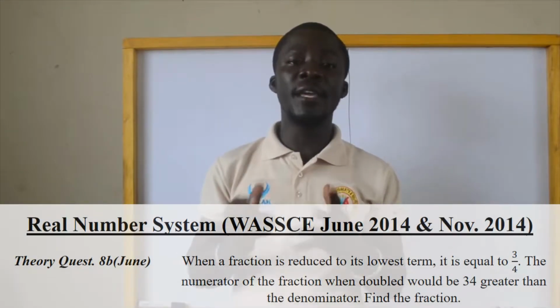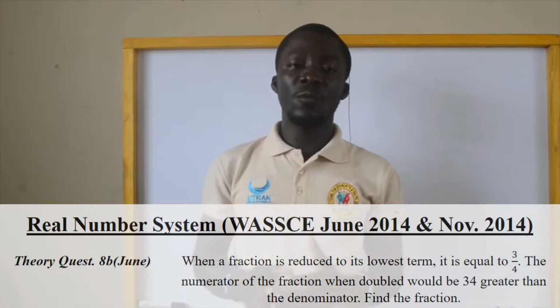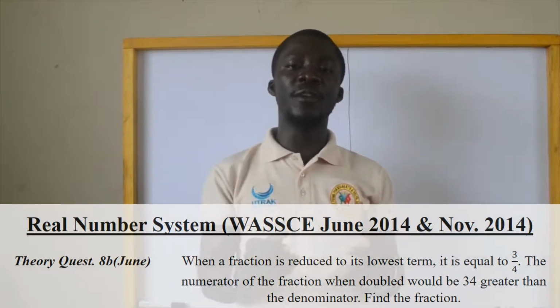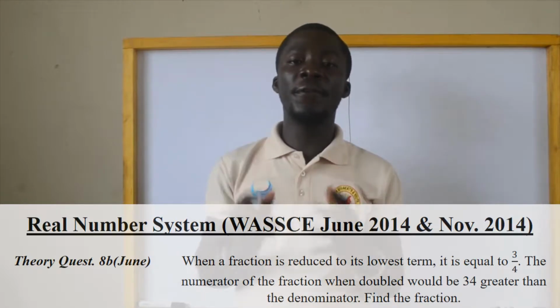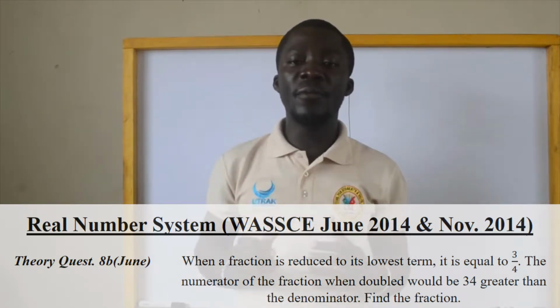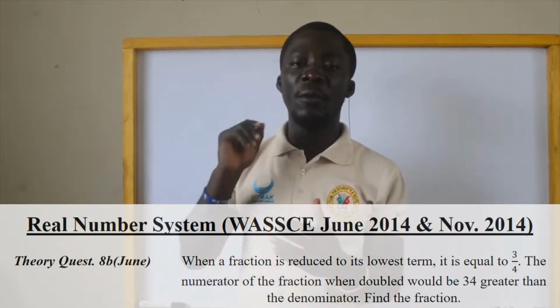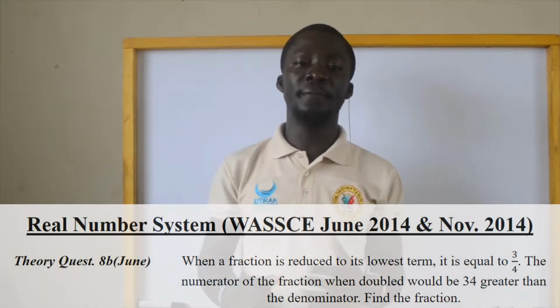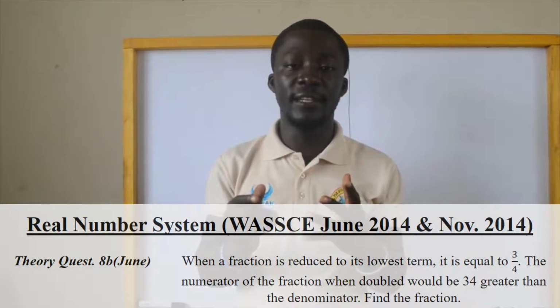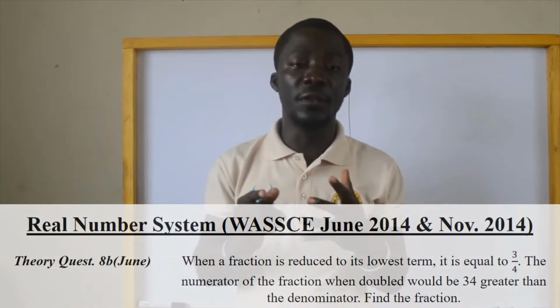Theory question 1b. When a fraction is reduced to its lowest term, it is equal to 3/4. The numerator of the fraction when doubled would be 34 greater than the denominator. Find the fraction. This was also in June.